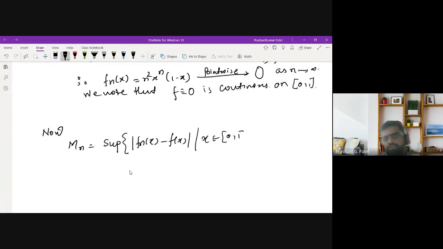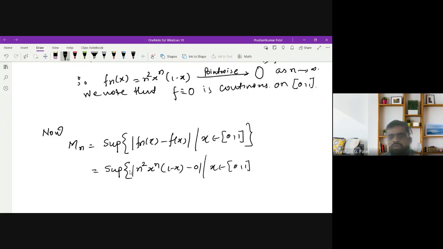If this Mn is tending to 0, then we can say that fn converges to f uniformly. If it is not tending to 0, then the convergence is only pointwise. To calculate this, we take the supremum of n² xⁿ (1 − x) − 0. In between 0 and 1, this quantity is always positive. So ultimately, I have to calculate the supremum of this function.